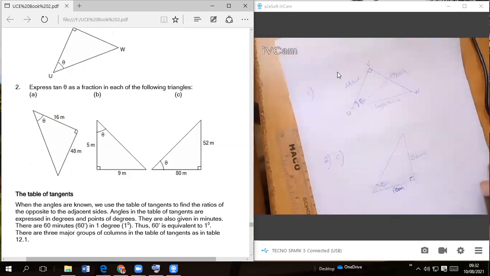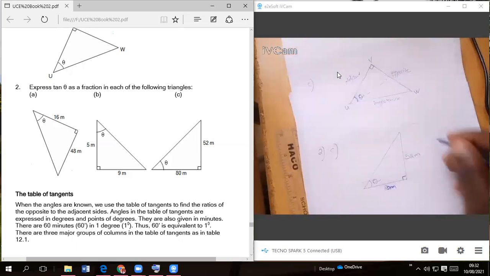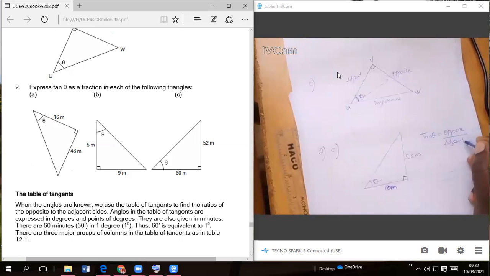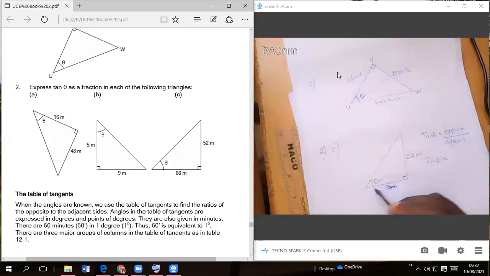So they are telling you to find tan theta. Tan theta will be given by the opposite divided by the adjacent. So if this is theta, this is my hypotenuse.